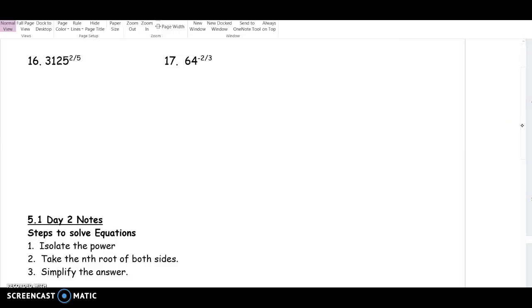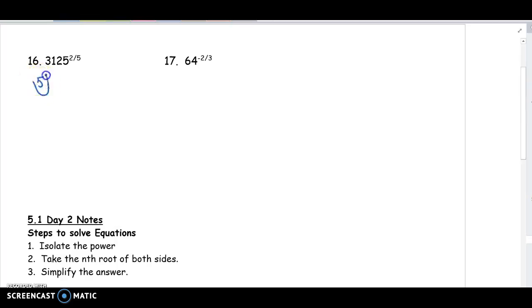3,125 raised to the 2/5. The easiest way to do this without using your calculator is to change this into radical form. So the 5th root of 3125 raised to the 2nd. I had a student in a class earlier today who said, man, I really wish I had a digital copy of this perfects chart so I could just do Control F to find this number on the chart.